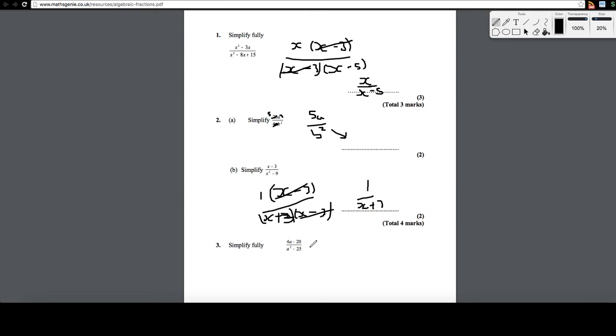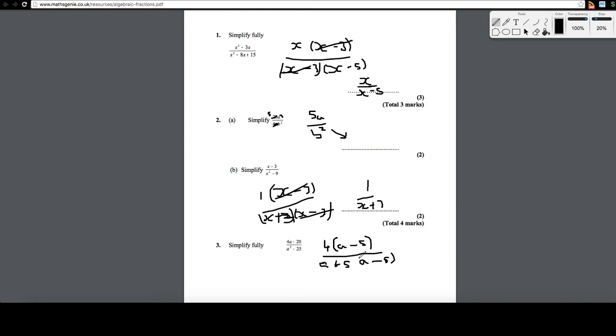So first we're going to factorize, and that will be the easiest way. 4 times 5 equals 20, so we're going to have 4a minus 5, and then on the bottom we're going to have a, and then 5 times 5 equals 25, so a plus 5, but it's going to be a minus, so we're going to have a plus 5, and then a minus 5.